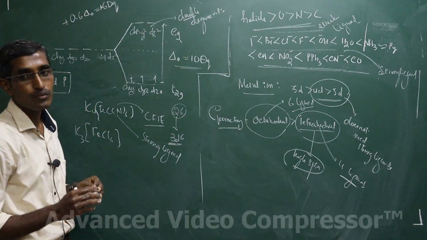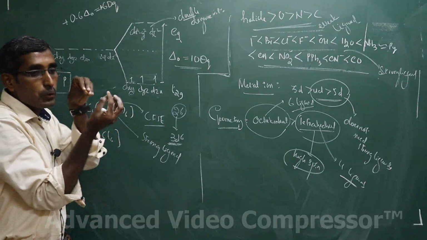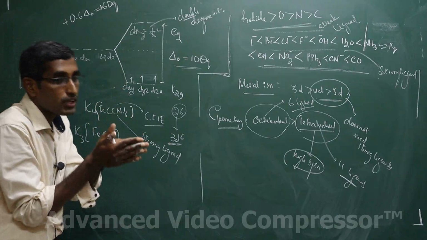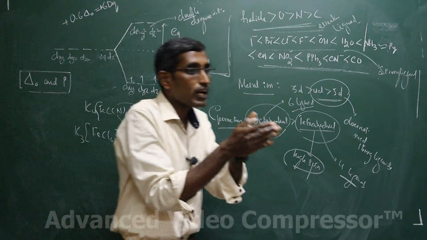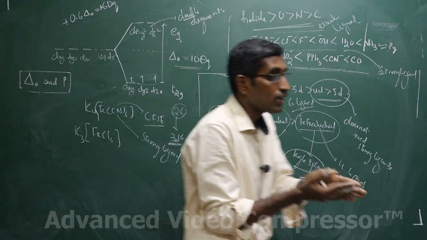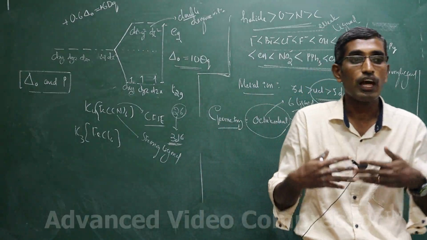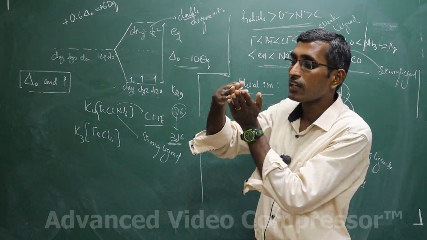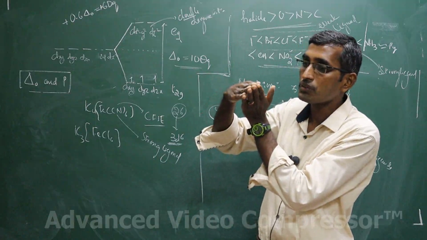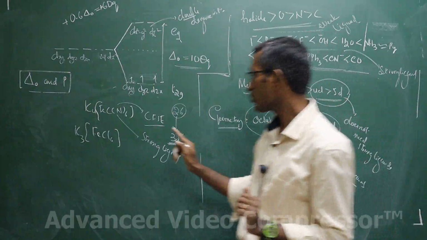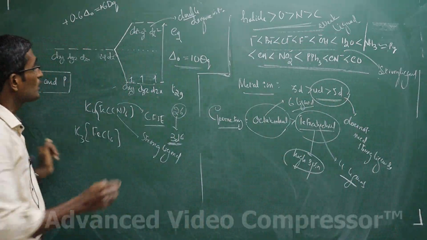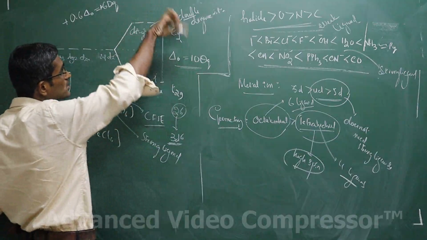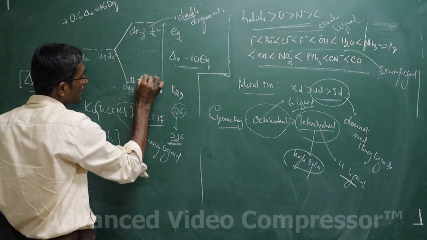That means it comes very close to the central metal ion, so the interaction between the d orbital electrons and the ligand electrons will be very high, or in other words the repulsion will be higher and the splitting will be very high. When delta naught is very high, the electron cannot jump up, rather it will start pairing.